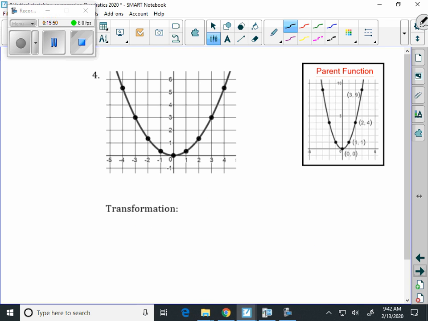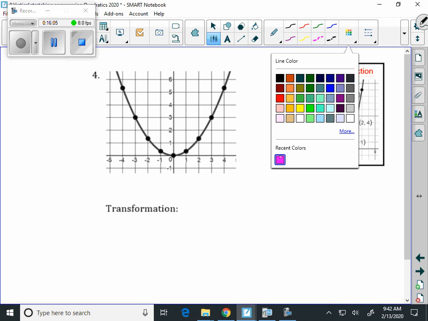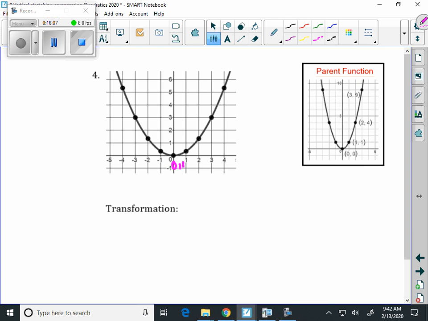Now what I said is, oftentimes you can look to the first point and go, oh yeah, I can tell what it is. On this particular graph, we can't see it right away. But we do have (0, 0). But we've got some portion of a point here on this first point.